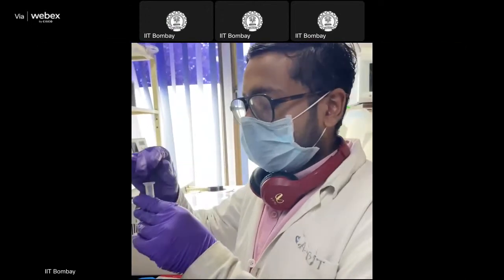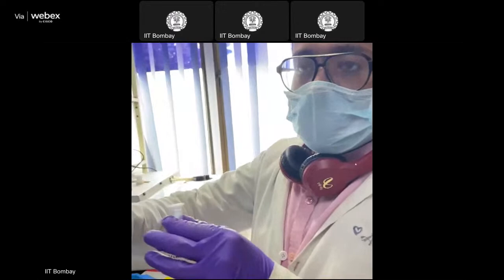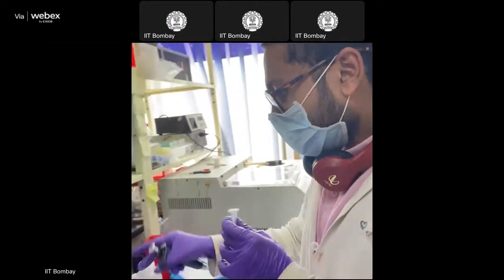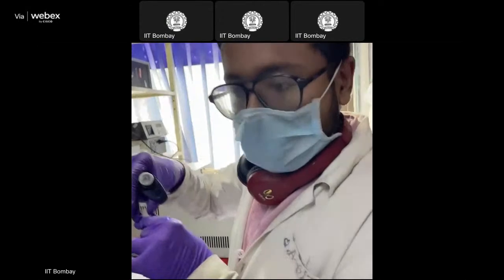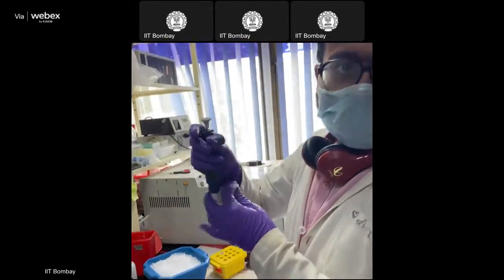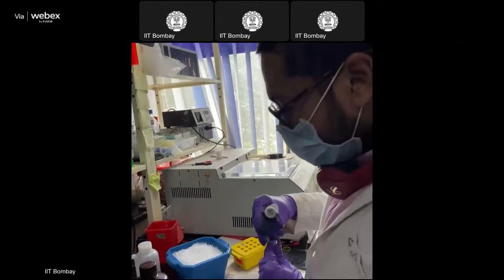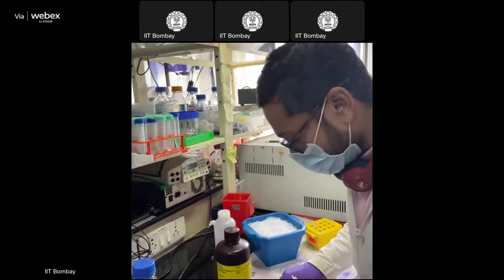After that, we take the BSA samples and add 1 ml of the Bradford reagent. That gives us our samples with the known concentrations, and we also add 2 microliters of the unknown samples and add the same reagent. Then we take this in a 96 well plate.